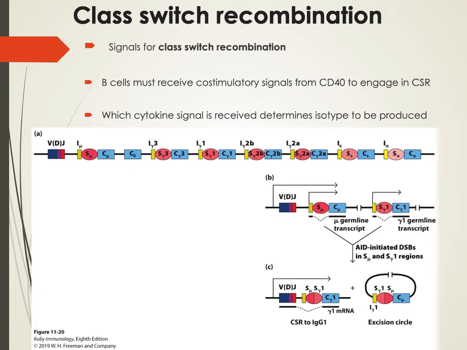So in order for a B cell to undergo class switching, they do have to receive T cell help. So we have to have that CD40 ligand interaction. Also, depending upon what cytokines are being produced, that would determine what isotype, which class ends up being expressed.